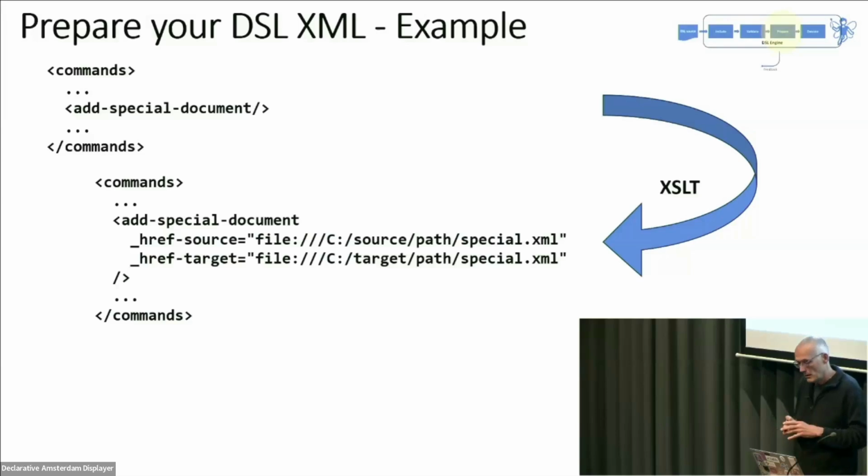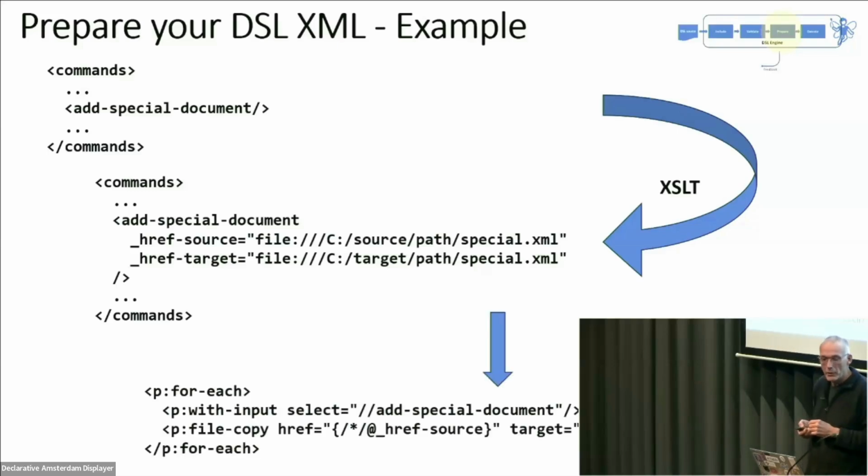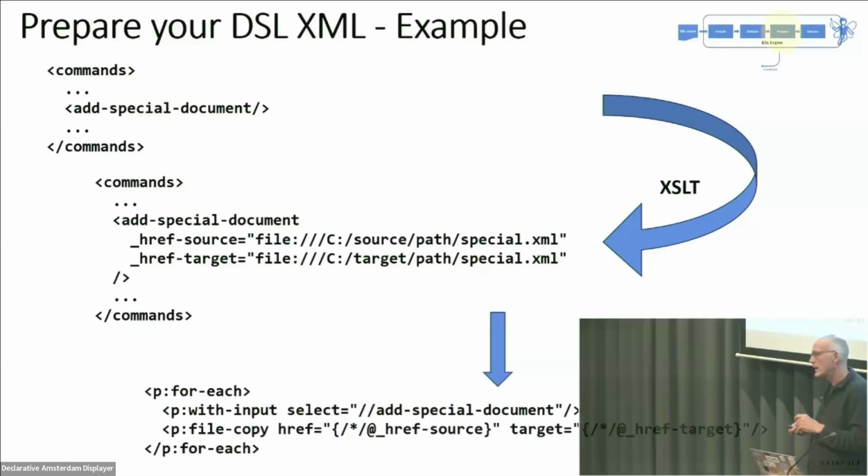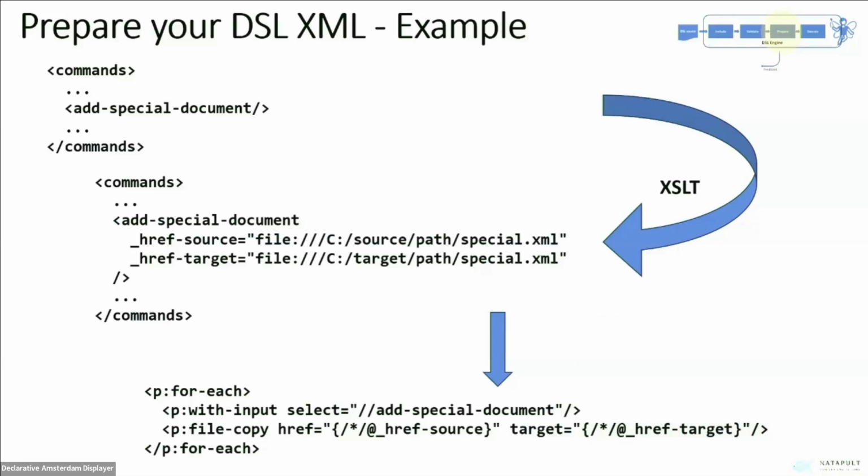My convention is to put an underscore in front of the names of these special attributes, but that's just my convention. And if you have this, you can do this much more easily in XProc. This is the code to copy all these special documents. So the XProc can just lift the computed URIs from your extended source code and do what it has to do.